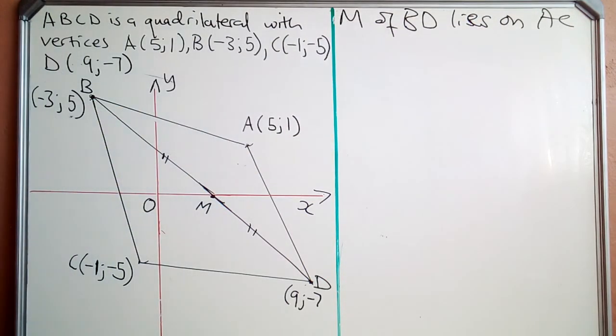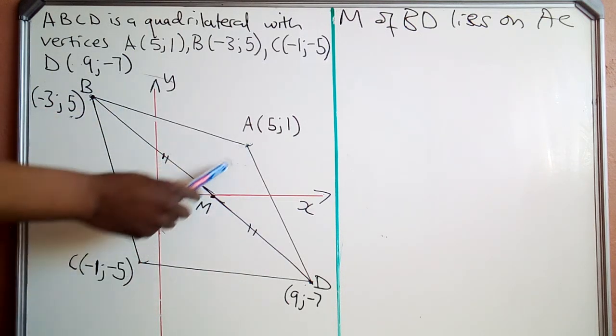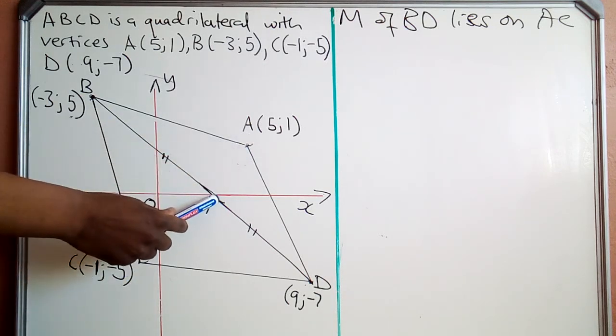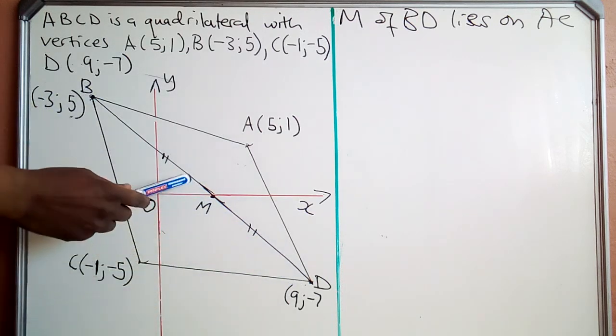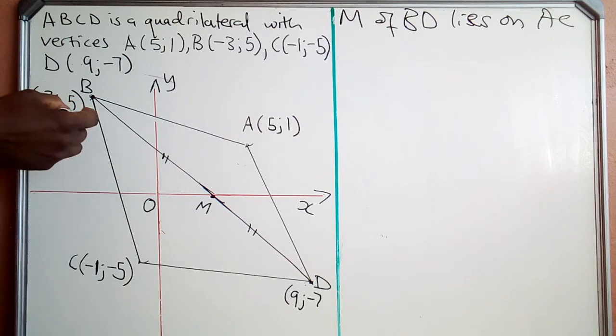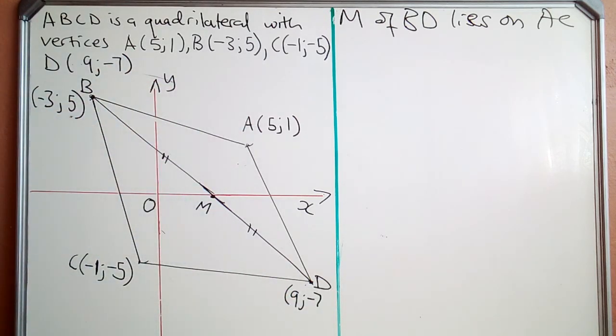What we want to do is prove that this midpoint of BD also lies on AC. That if we were to draw a line here, it will pass through M, which is also the midpoint of BD. So that is our task in this case. We want to prove that the midpoint M of BD also lies on AC.